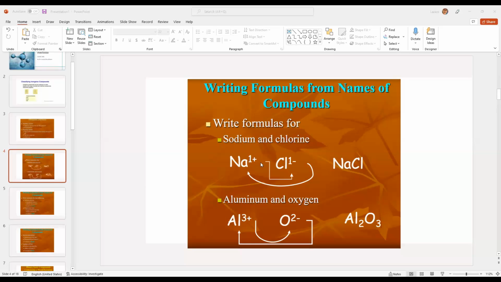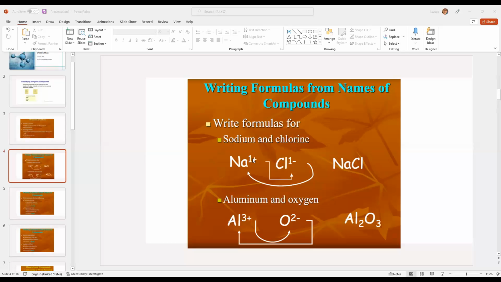While chlorine belongs to group 7A, where they have several different oxidation numbers, but generally they gain 1 electron to get the octet, 8 electrons in the outer shell of the electronic cloud.